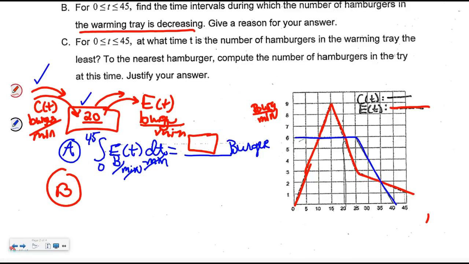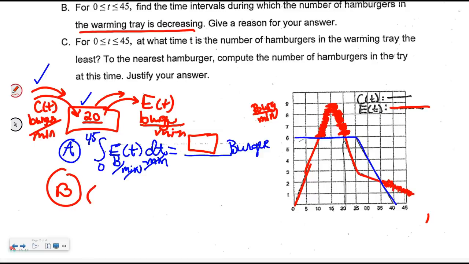Where was the number of burgers in the tray decreasing? Well, from right here to right here, I am eating them at a faster rate than I am making them, which means the number in the tray will decrease. Also over here, I am eating them faster than I am making them.